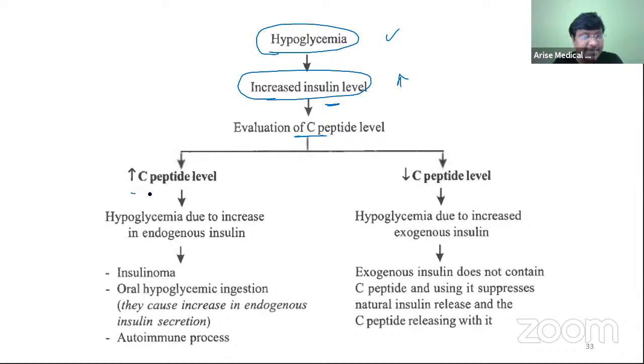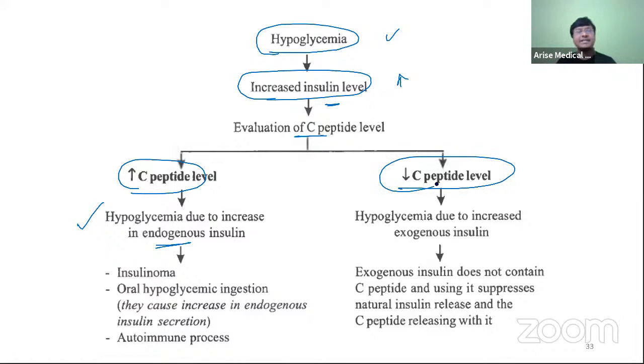If the C-peptide levels are also increased, then the hypoglycemia the patient is having is due to endogenous insulin production. But in spite of increased insulin, if the C-peptide levels are reduced, then it is hypoglycemia due to exogenous insulin supplementation.